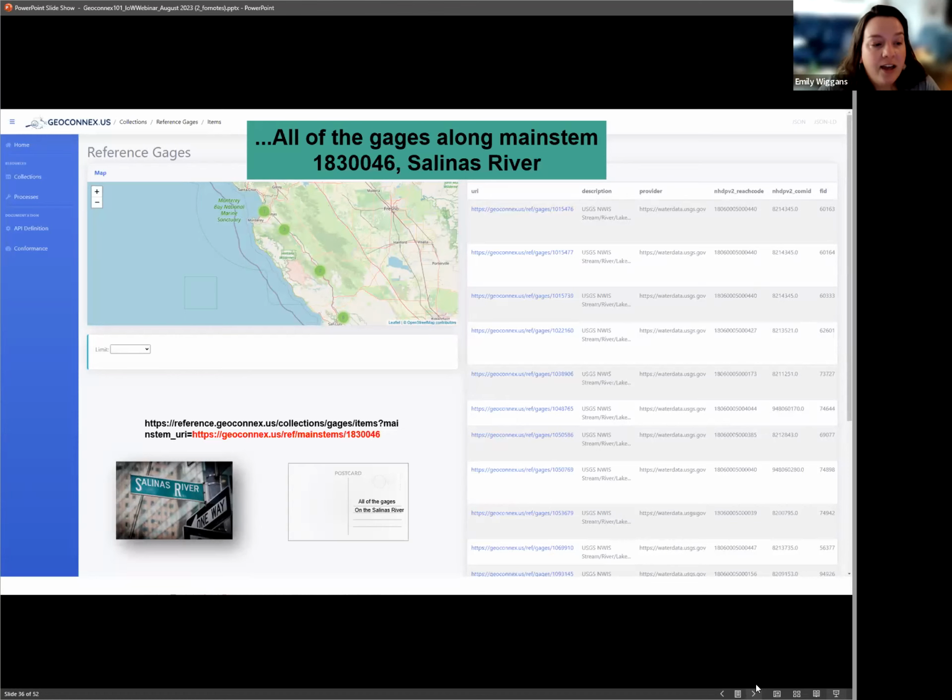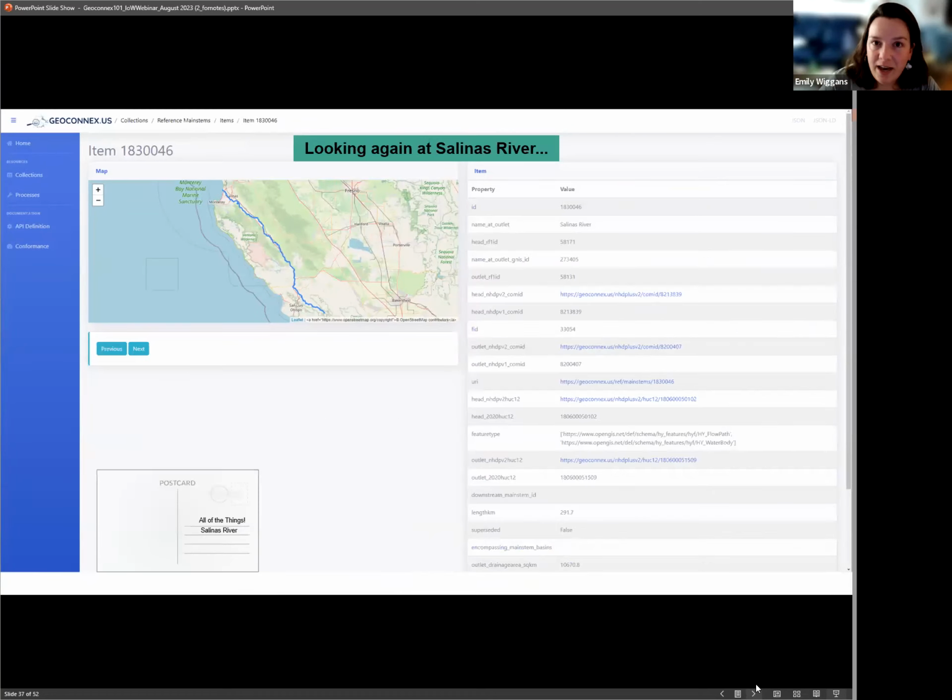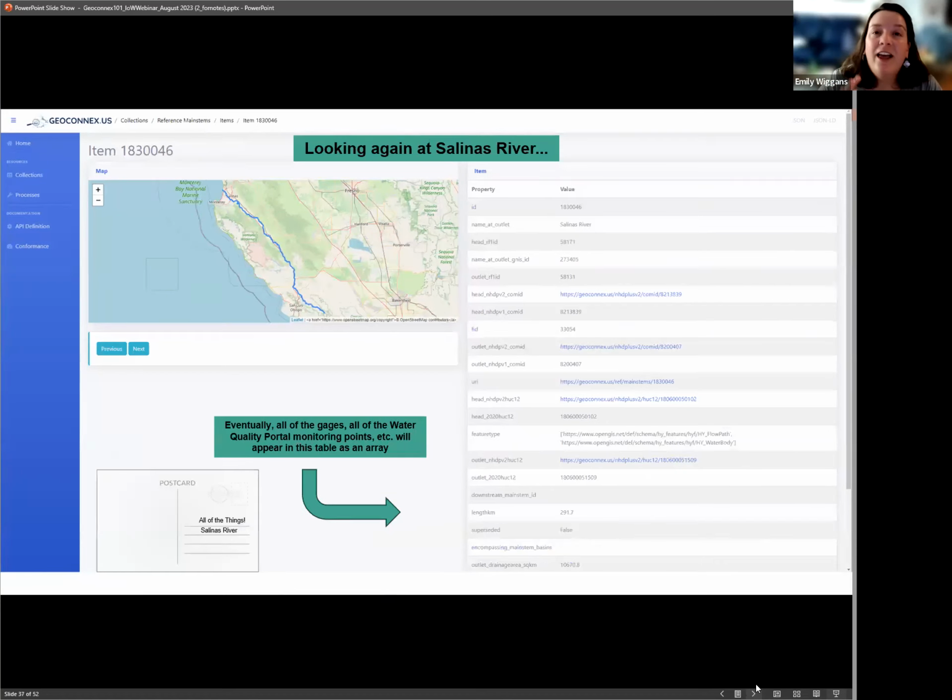So here we're saying we want all of the gauges on the Salinas River with this URL call. And then this is, like I said, the back end. One more time to look at the Salinas River here. What if we want to look at everything on the Salinas River?